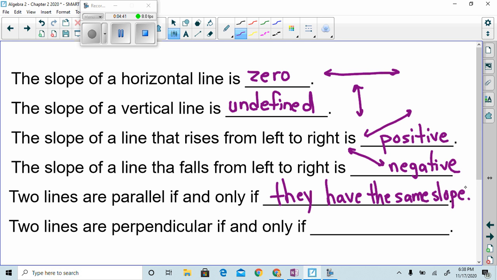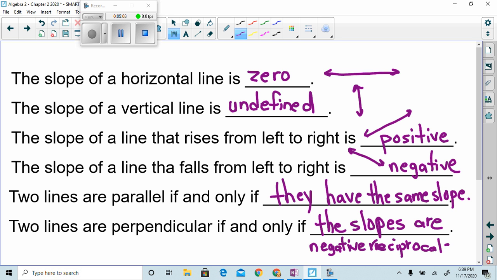Two lines are perpendicular if and only if the slopes are negative reciprocals. All of these important statements that you should know. You've seen them in homeworks, you've seen them in classwork, you have seen them on our review.